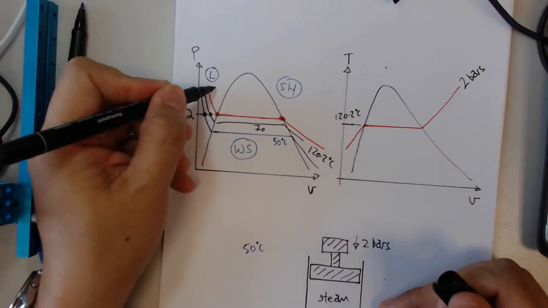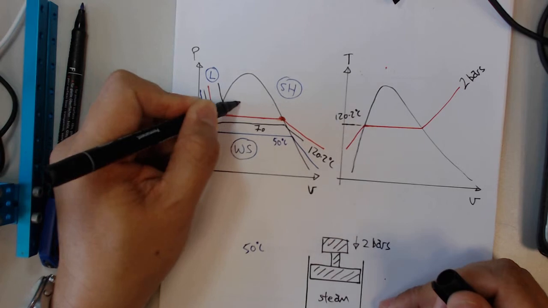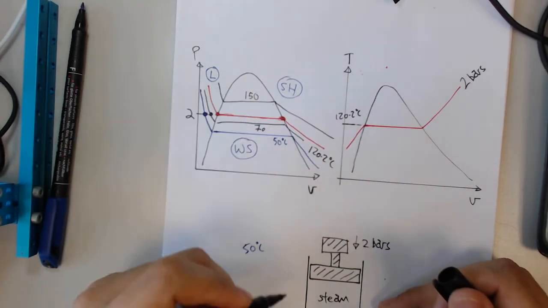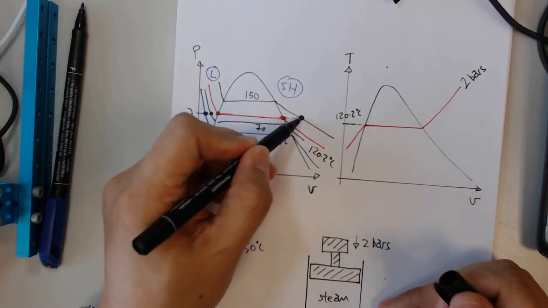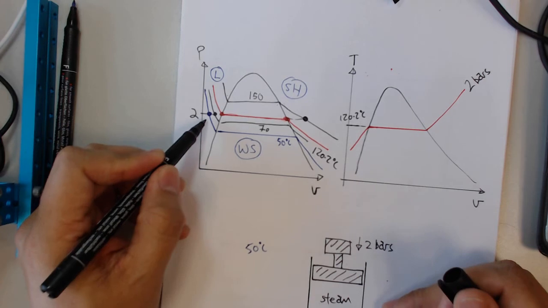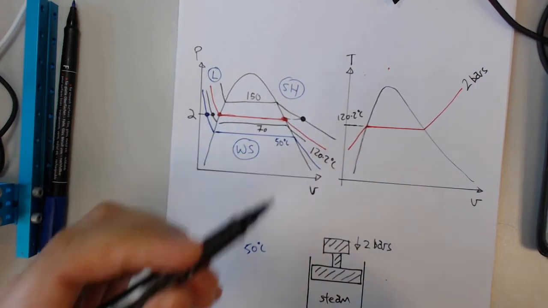Let's say it hits 150 degrees Celsius. I just need to draw a 150 degree line, and it's still at 2 bars, so they will intersect at this point. It will end up here. So you can see the state going from left to right into the superheated region.